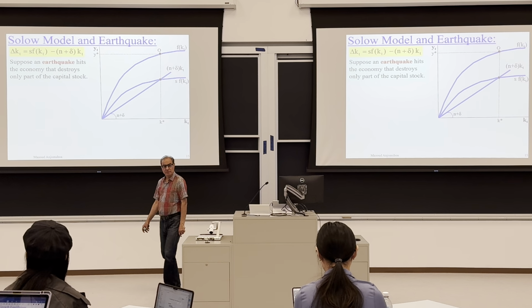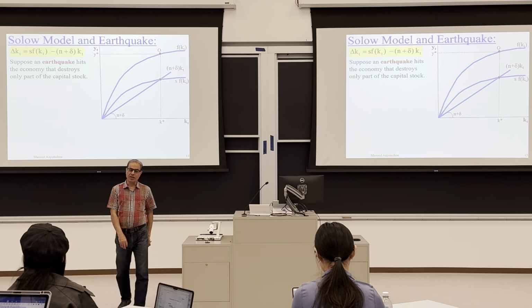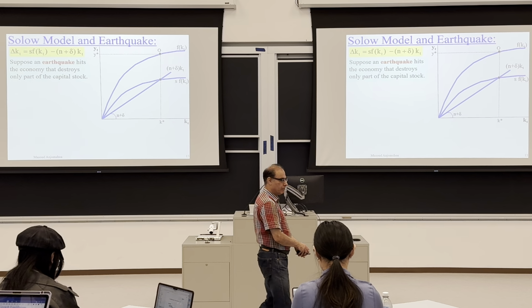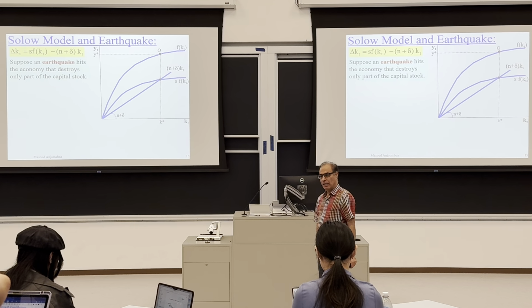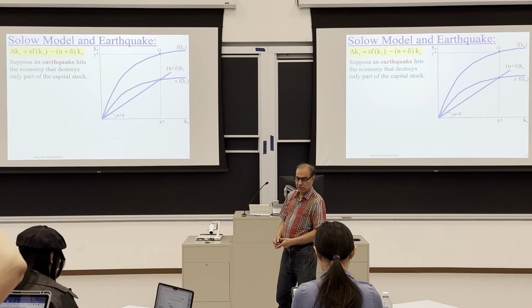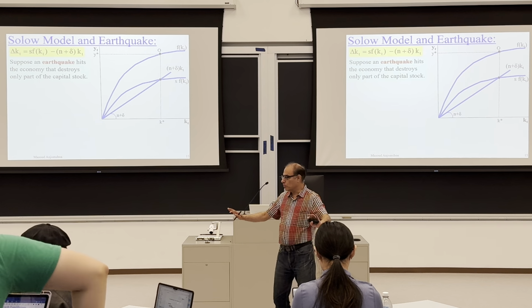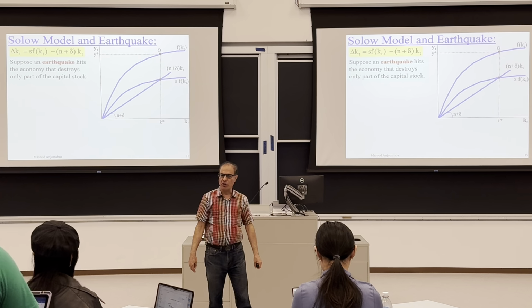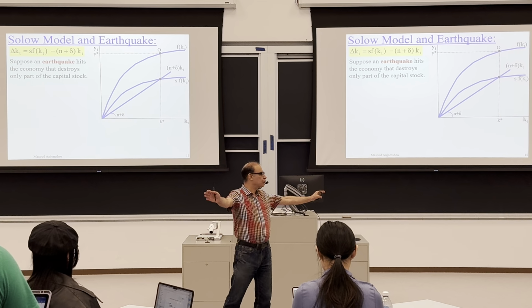How about shock? Guys? Okay, so I am not going to make that mistake. So suppose, God forbid, we had an earthquake, okay? Suppose nobody dies, but one third of capital stock is destroyed.